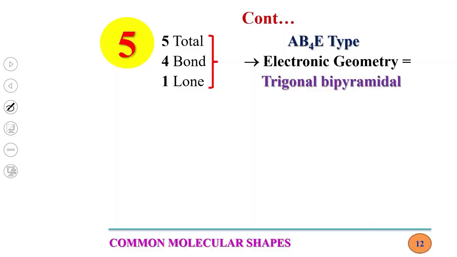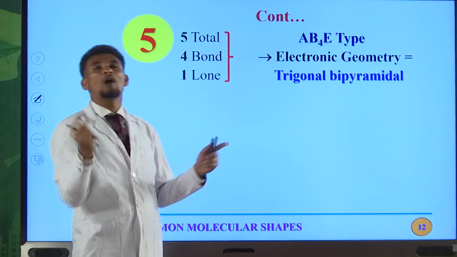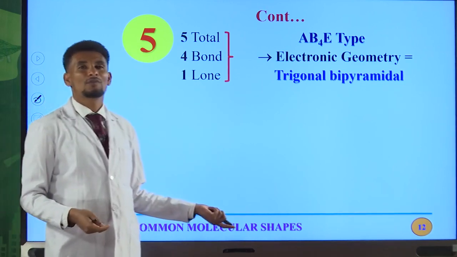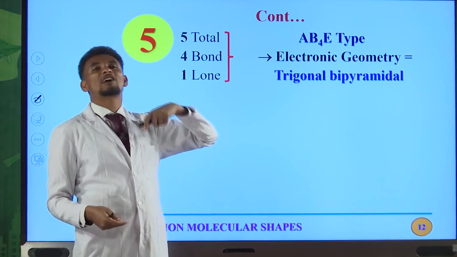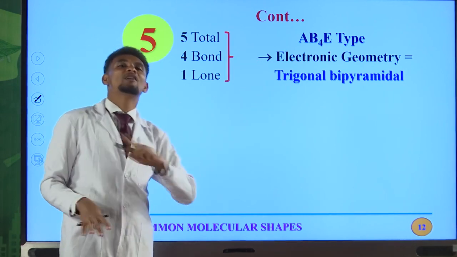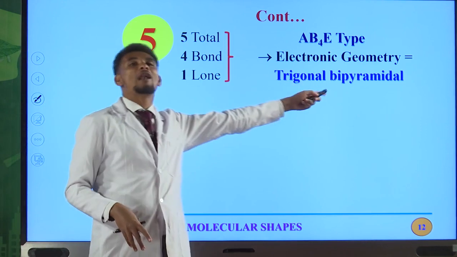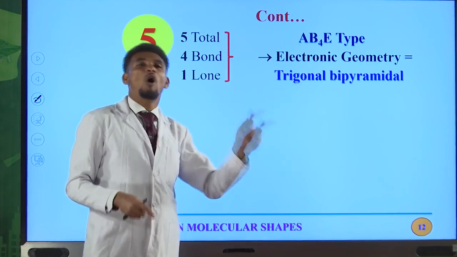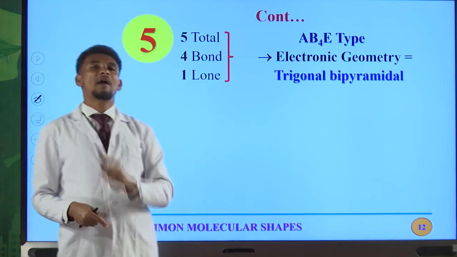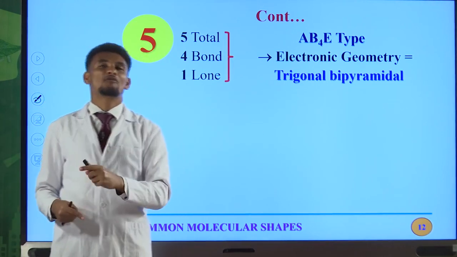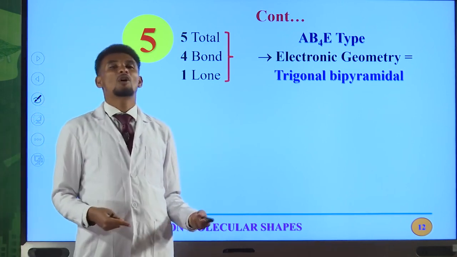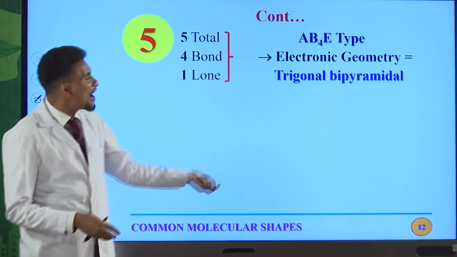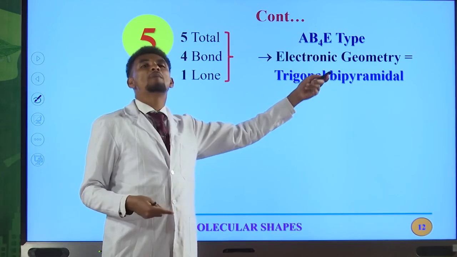If, for example, we have one lone pair of electrons around the central atom, if one bond is replaced by a lone pair of electrons, what is the electronic geometry for such a molecule? Electronic geometry cannot change. It is trigonal bipyramidal, because in the case of electronic geometry, all the time look at the bonding pairs as well as the lone pairs of electrons around the central atom. So if you connect both bonding pairs as well as lone pairs, you will get a trigonal bipyramidal shape.